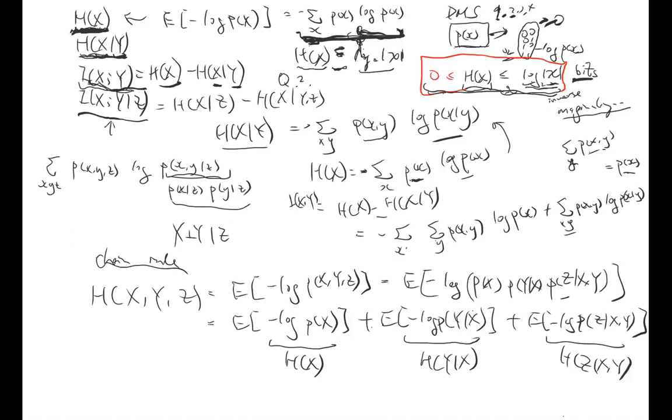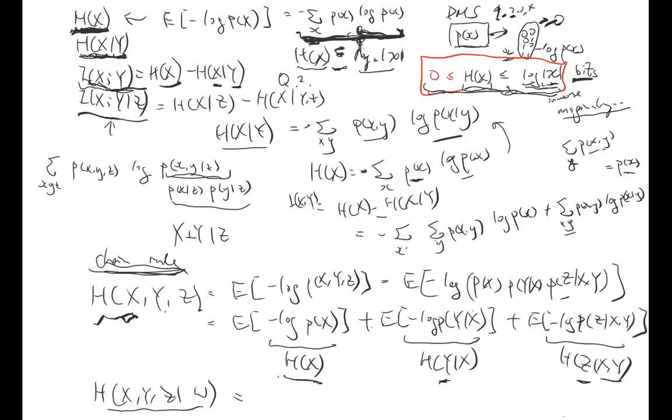So this is very important. You will use it all the time. Basically, the joint entropy of x, y, and z will be: what's the information of x? Now, if I know x, what's the remaining information for y? And now I know both x and y, what's the remaining information of z? I also can have a chain rule like that even given a condition. So maybe I have x, y, and z given w here, and you can do the same thing.